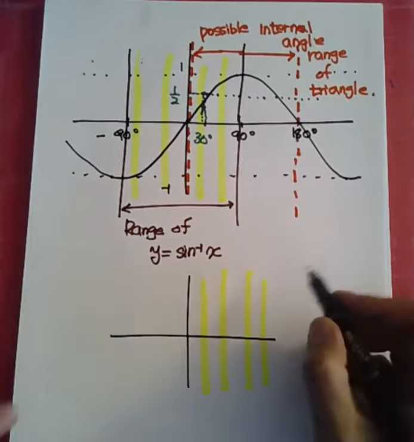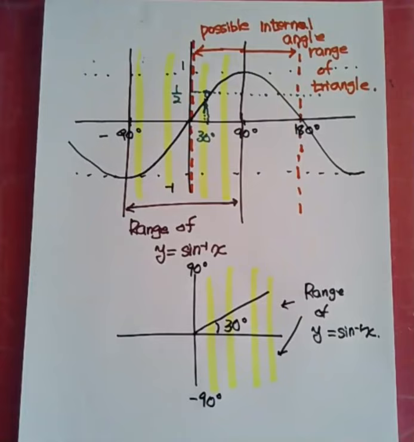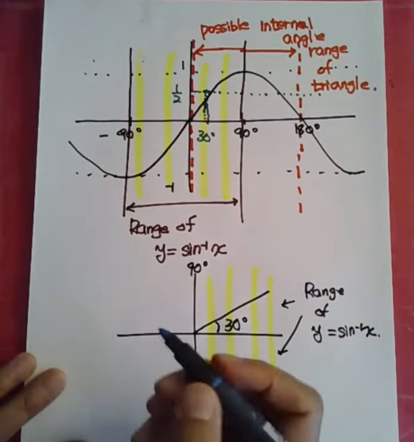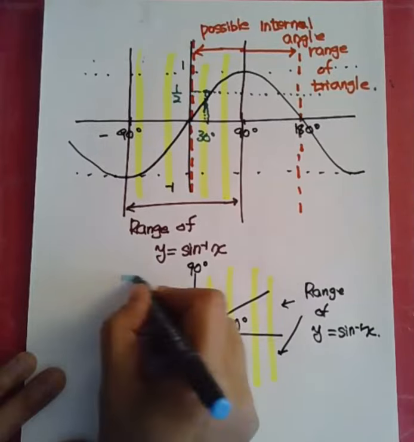And then what we have to think about is the range of the possible internal angles in the triangle. This time that becomes this blue region, which ranges from 0 to 180 degrees.